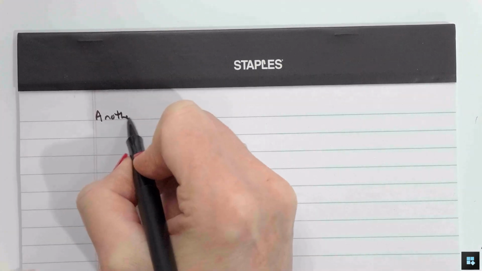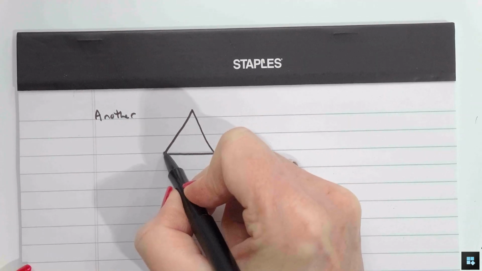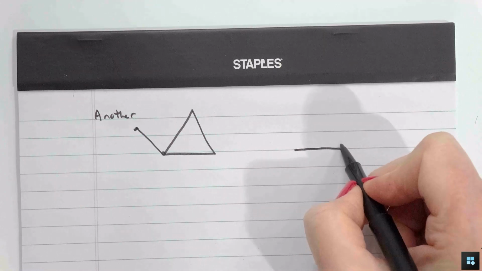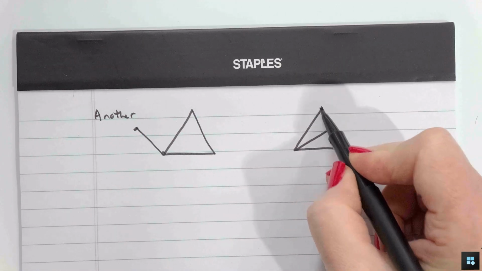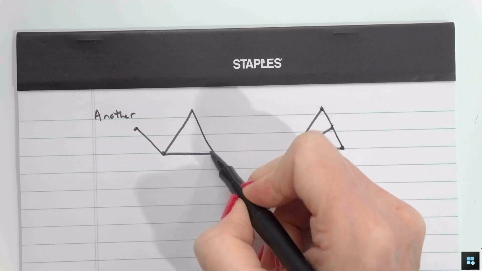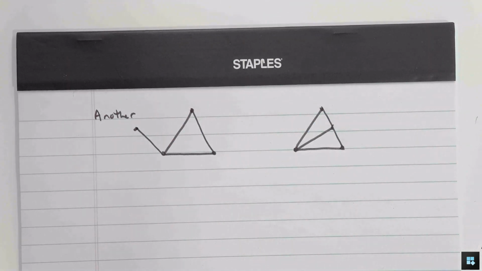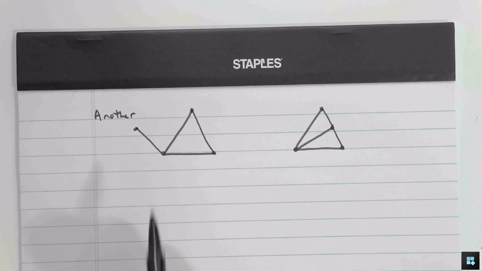So we're at a triangle shape, and we're going to add another edge. Now you could add your edge out here, or you could add your edge here. There's a couple different ways you could add your edge. I'm going to have one going on the outside and one going on the inside and ending on one of the edges.